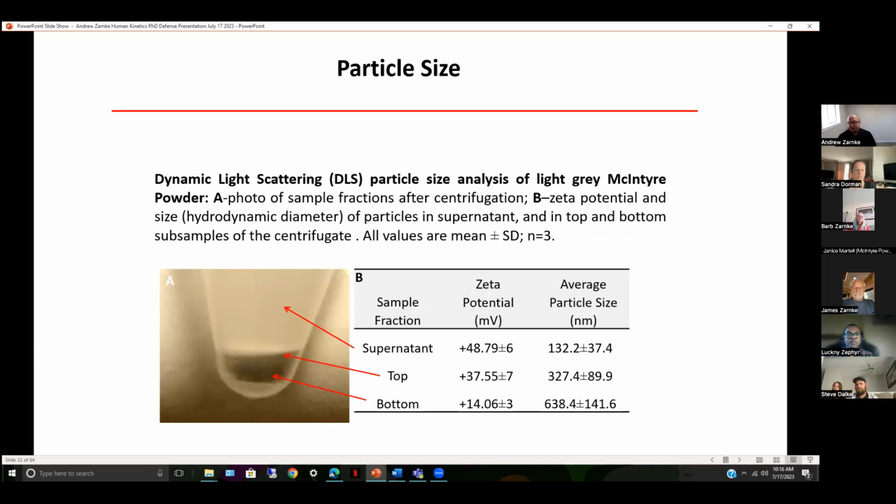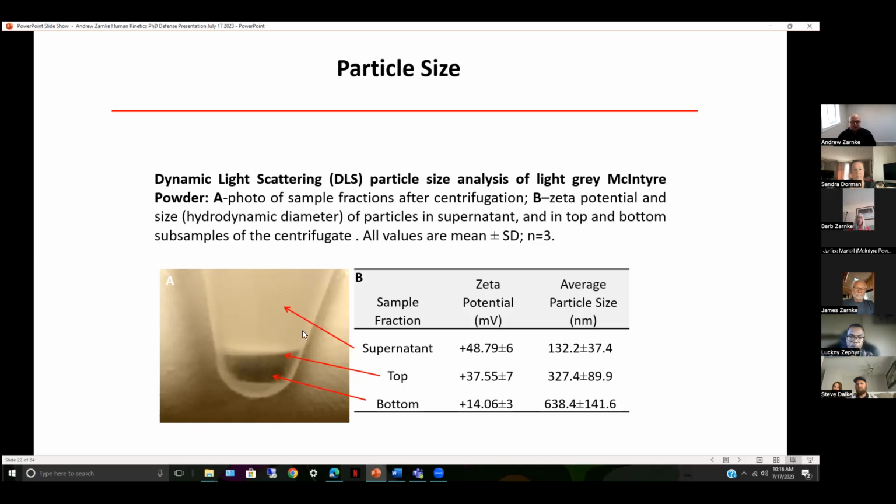There are limitations to DLS analysis. When you're analyzing a sample that has a very large range in particle sizes, it tends to be skewed towards larger particles. The larger particles can obscure the light from smaller particles.